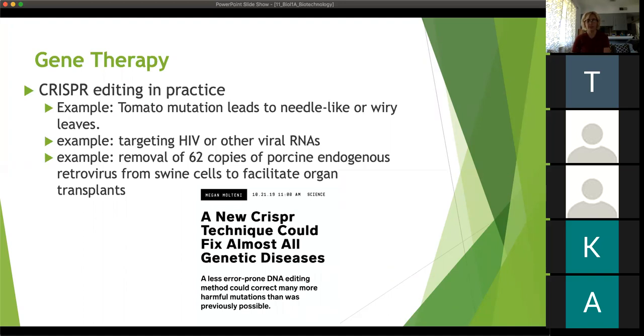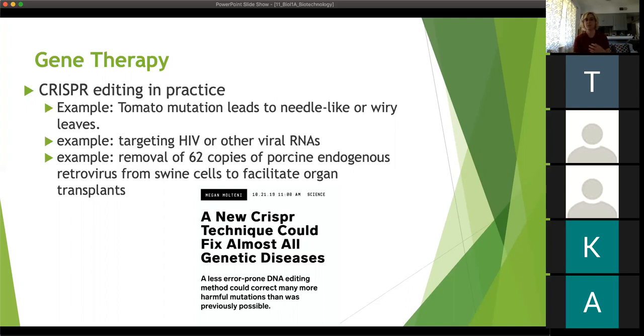But the idea behind CRISPR is that it's a far more accurate and a far more targeted way to do gene therapy. Scientists have gotten very, very good at using CRISPR to remove bad genes. They are less good at replacing the bad gene with a functional version, but they're working on it.